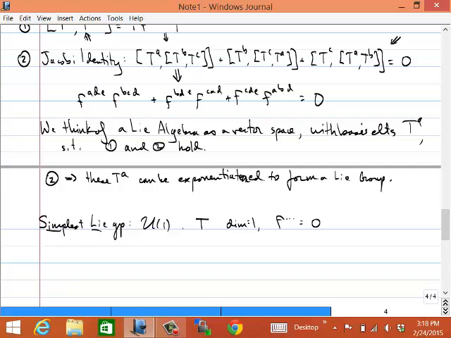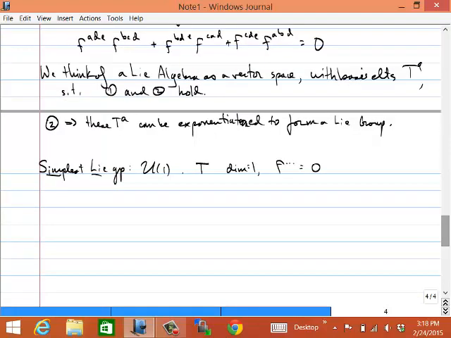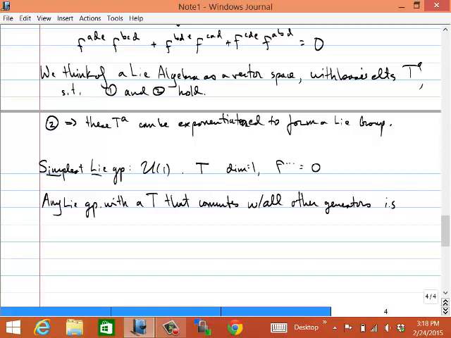So the classification of Lie groups basically is as follows. Any Lie group with an element T that commutes with all other generators just has a U1 factor.